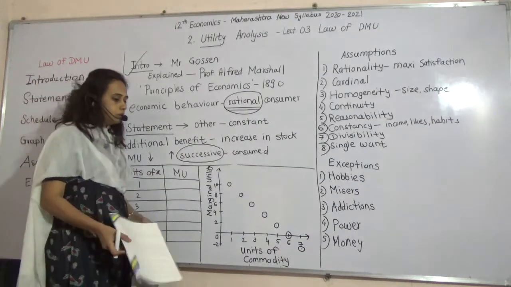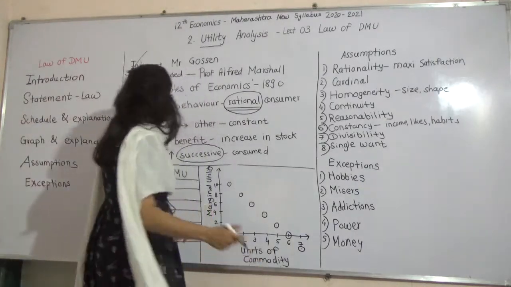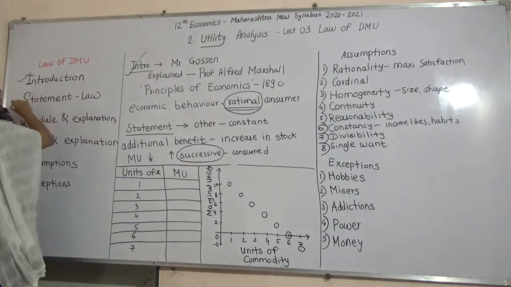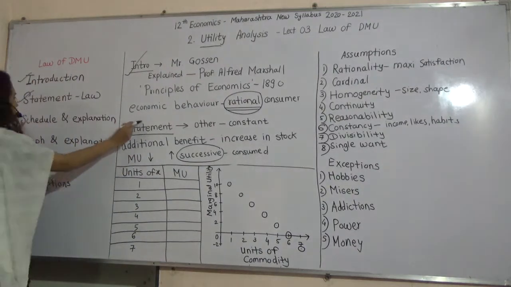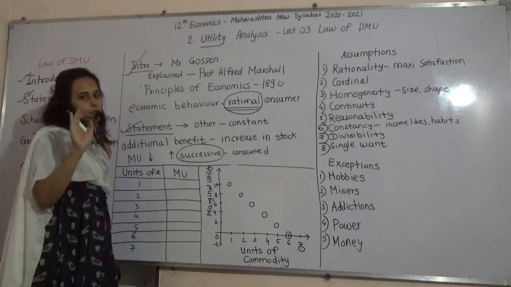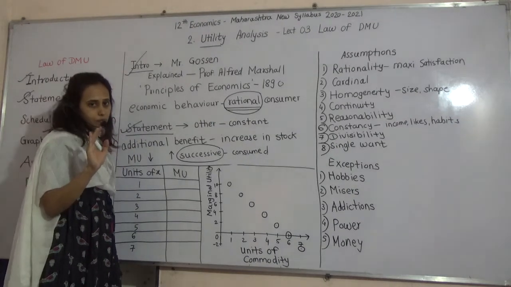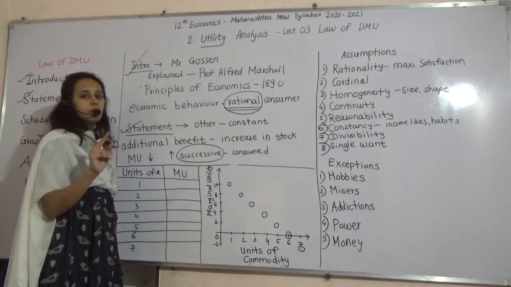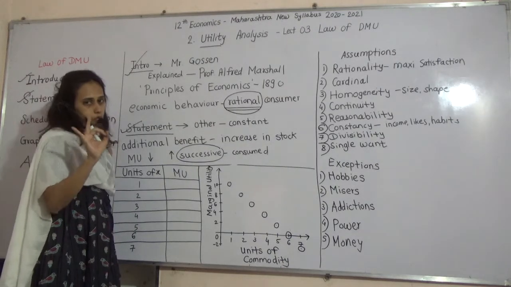Now let's see the schedule part. The introduction part is over, the statement is over. Now the schedule and its explanation. In the last lecture also we have seen one schedule, but that schedule contains TU also, MU also.